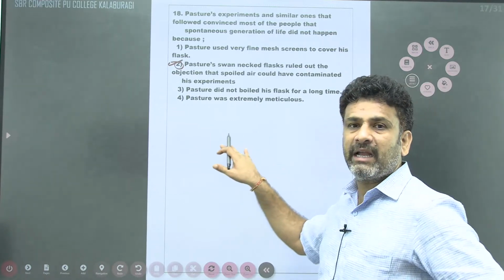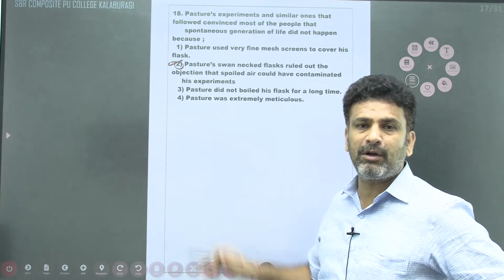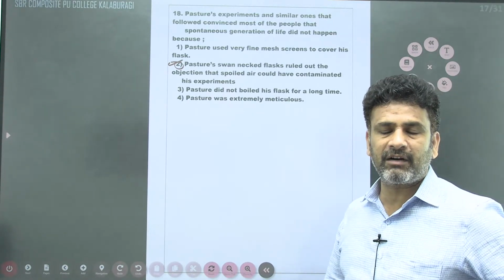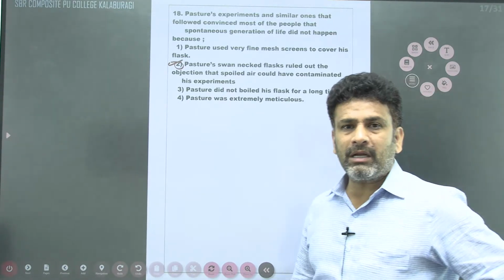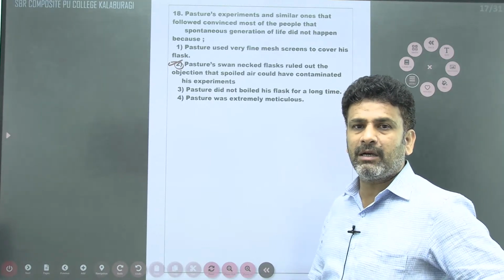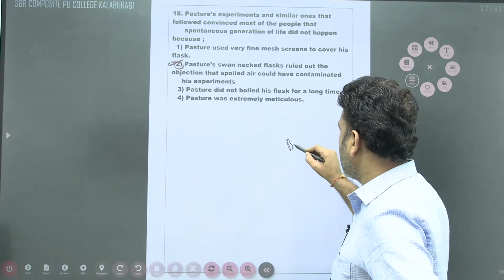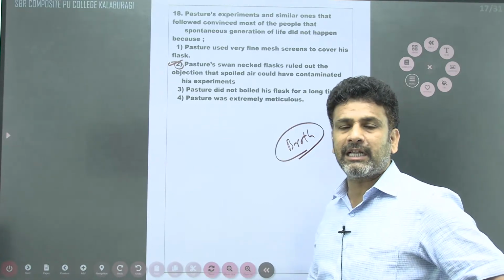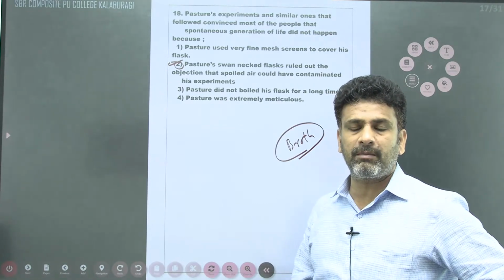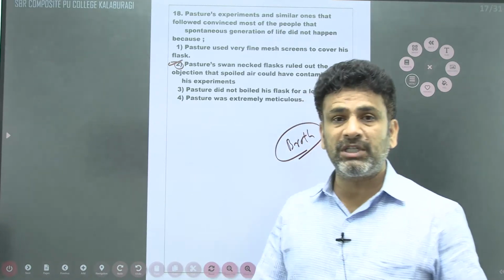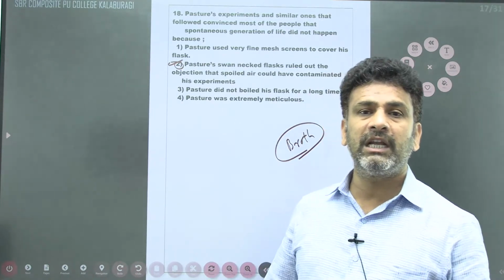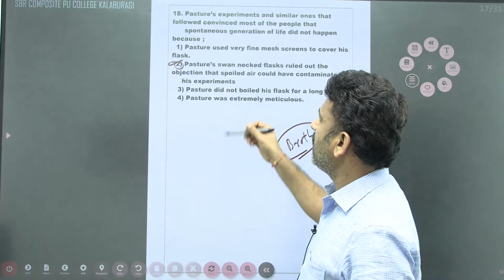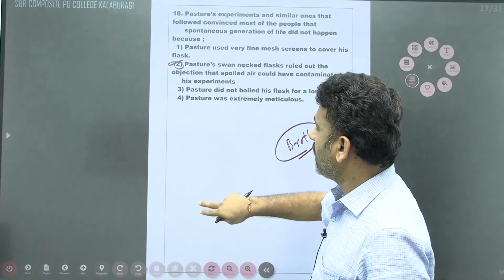The spoiled air in the swan-necked flask was unable to produce any new life forms, but the broth he collected in the swan-necked flask was responsible for the formation of new life forms in the aquatic medium. Thus he disproved the theory of spontaneous generation. So that's why the answer is option two.